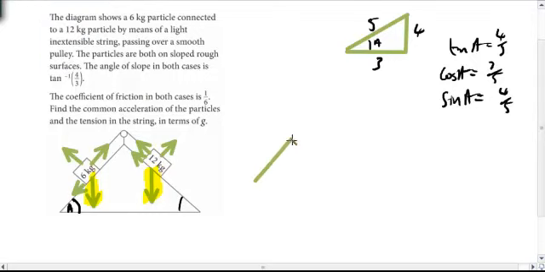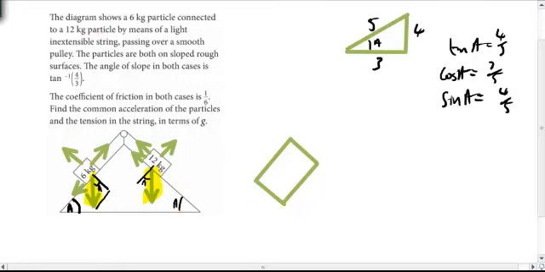So the 6 kilogram I'll do first here. Now I'm going to be doing a vector down there and a vector down there. That angle there is the same as this angle here, it's always the case there. Similarly, this angle here, A, is the same as that angle there as well.